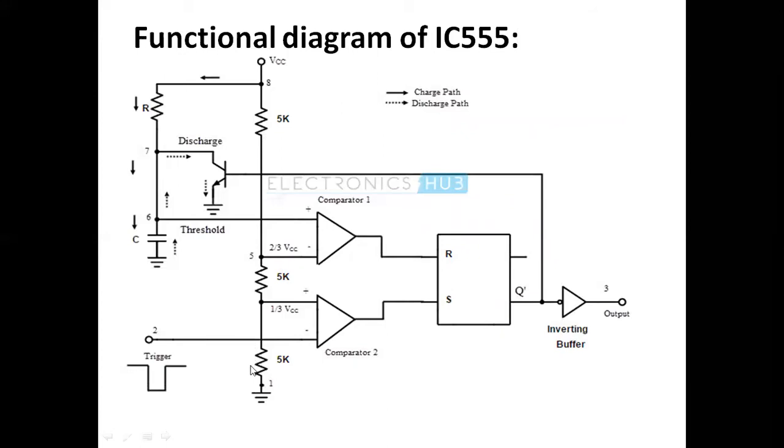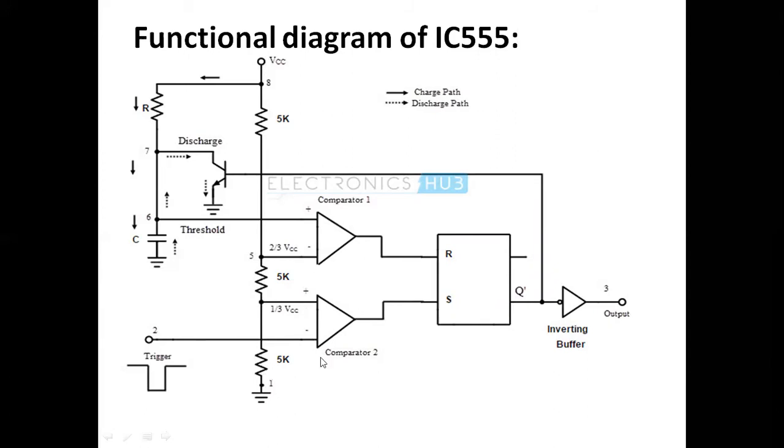So here we have the voltage of 1 by 3 VCC, and at this point we have the voltage of 2 by 3 VCC, because of the supply voltage applied to the voltage divider network. We are taking three 5 kilo ohm resistances, that means equal resistances.